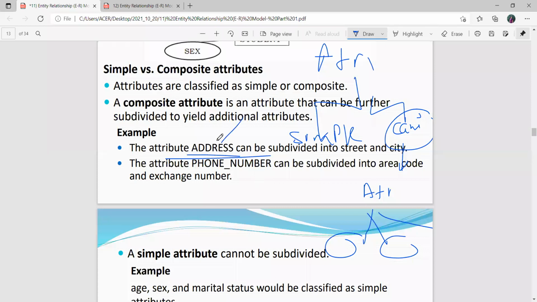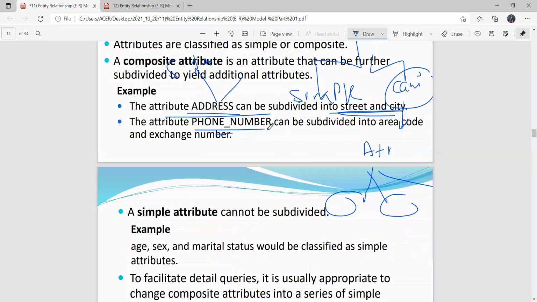Address can be subdivided into street and city. The phone number can be subdivided into code and exchange number. Such attributes, which can be further subdivided into additional attributes, are known as composite attributes.